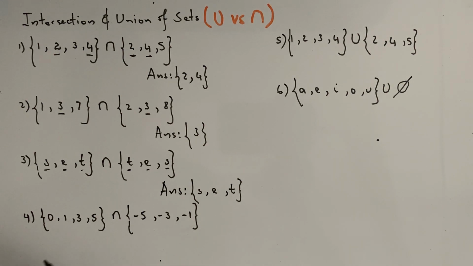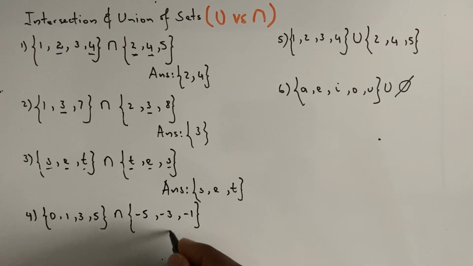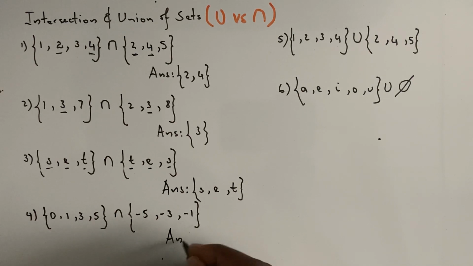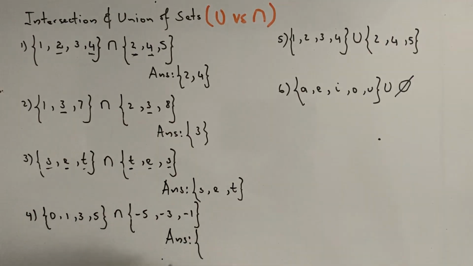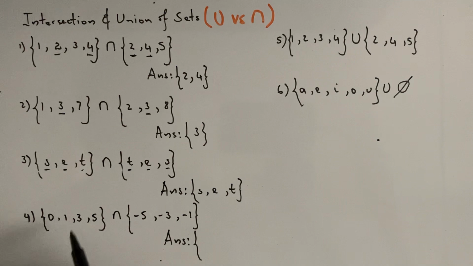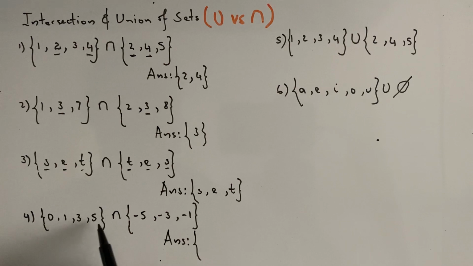Now how about 4? For 4, we check 0, 1, 3, 5. The second set is -5, -3, -1. 0 is not in the second set, 1 is not, 3 is not, 5 is not. So in this case, what's the intersection?